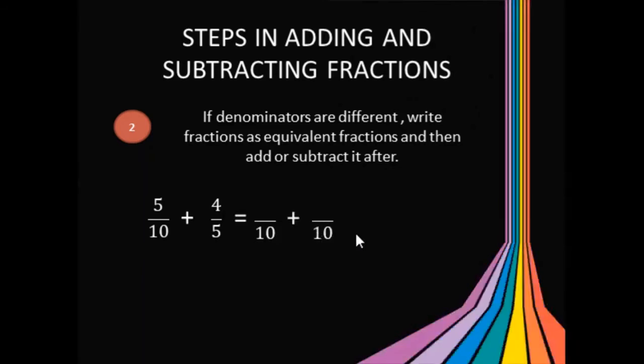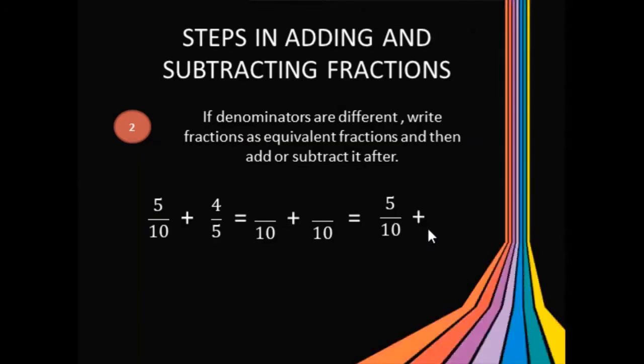And we follow the rule. We need to divide and multiply. 10 divided by 3... 10 divided by the denominator, times the numerator, we get 5/10. Can you follow? Okay, and then let's have the other fraction. It's 10 divided by 5 is equal to 2 times 4, we get 8. Very good. So our answer is 5/10 plus 8/10.